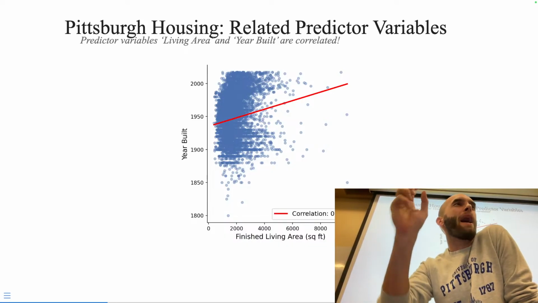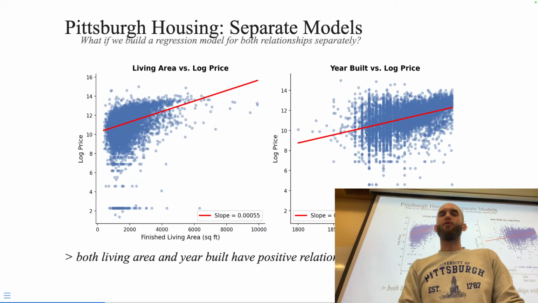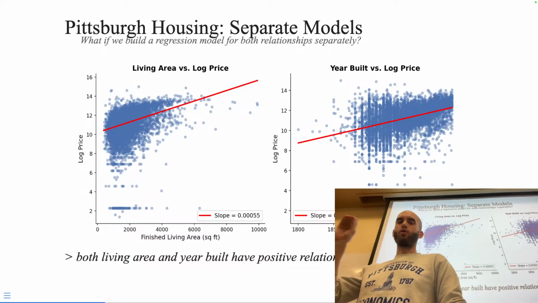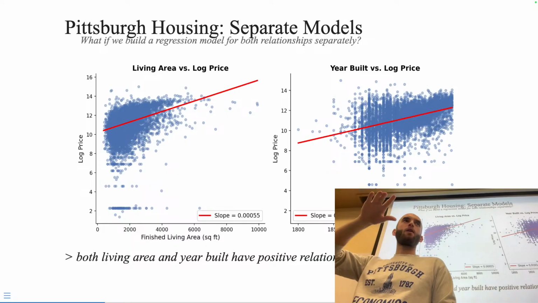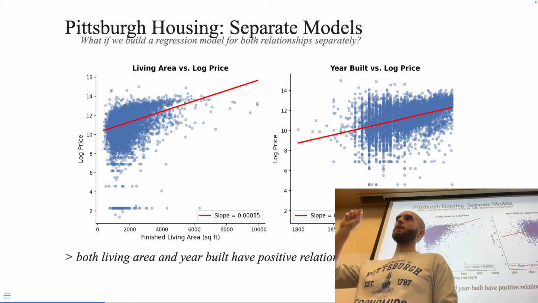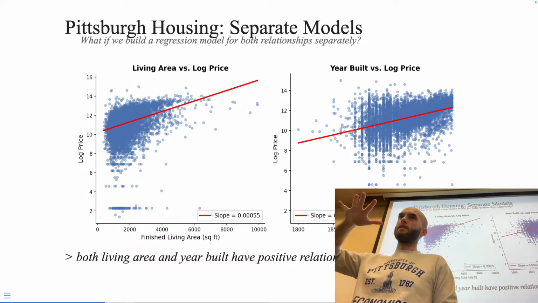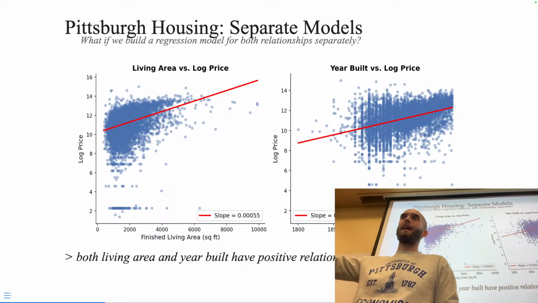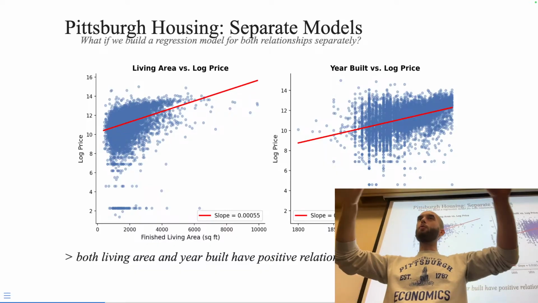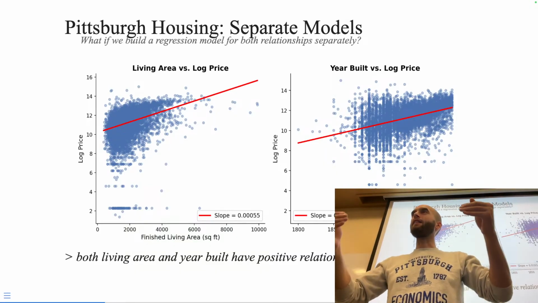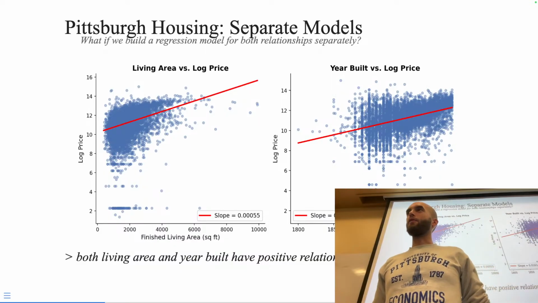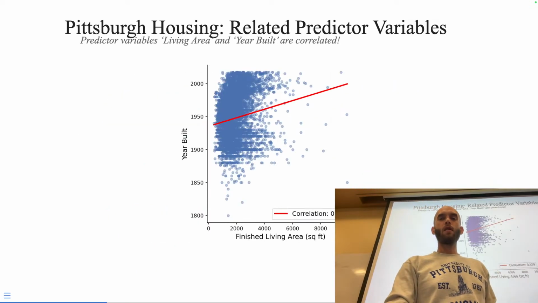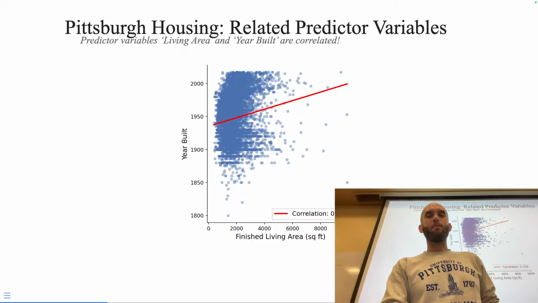Well, if you think back to our first pair of figures, if we're trying to find the value of an extra square foot, we know we can predict the house price using the size of the house, and we can predict it using the age. Both of these predictor variables are highly correlated with the thing we're trying to predict, which is house price. So this is sort of a problem, right?